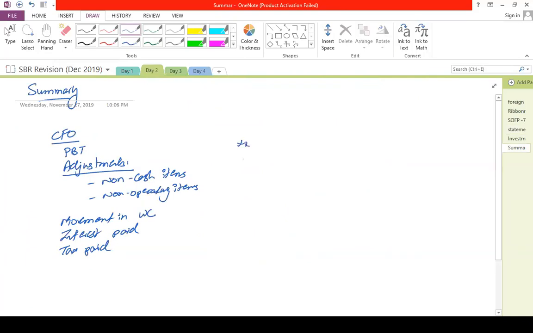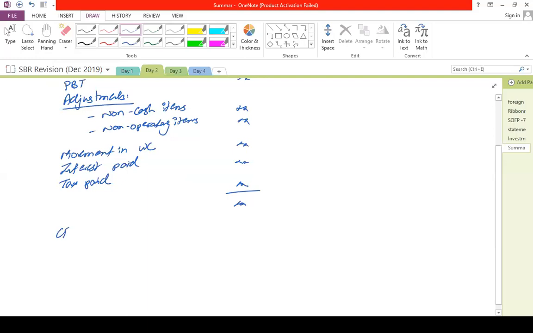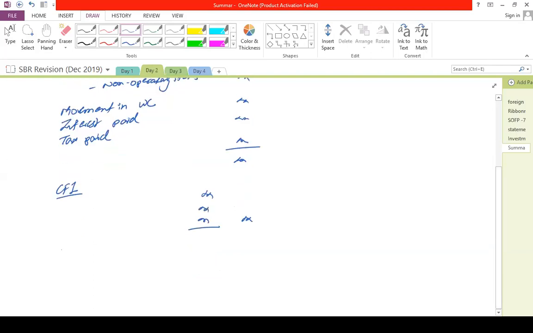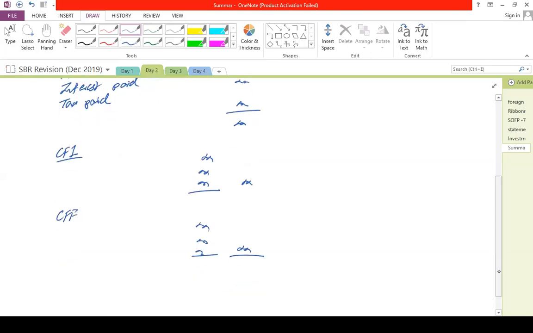So if I go back over here in the summary, we adjust all these values to get the cash flow from operating activities. Then we write all of the investing activities in a new column, the sum going in the final column. Then we write the financing activities, and again the sum going in the last column. So the operating activity plus investing plus financing will give us the total cash inflow or outflow.